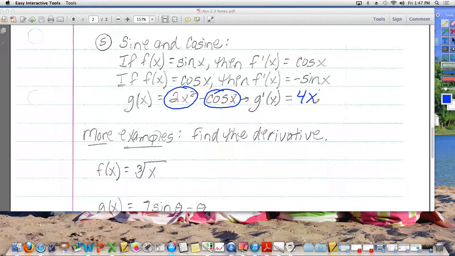Are you okay with that? 4x, you do 2 times 2 is 4. Subtract 1 from the power, you get 1. We have a minus sign, so I'm going to go minus. What is the derivative of the cosine of x? Negative sine of x. So we're subtracting a negative sine of x. That really means 4x what? Plus the sine of x.